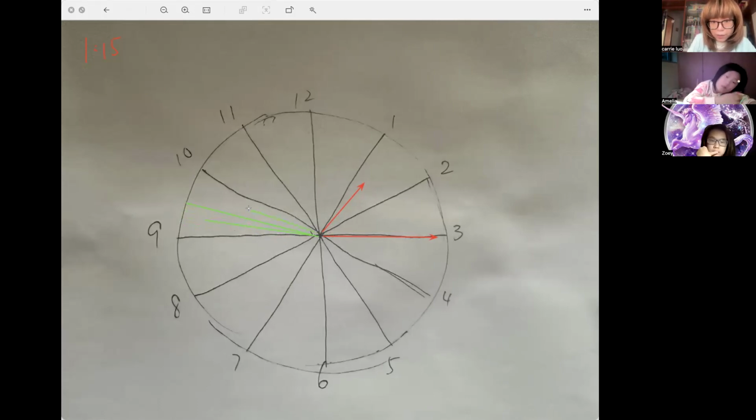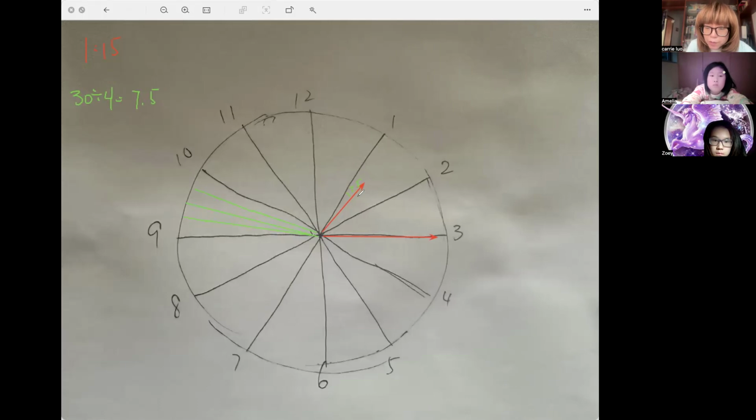Correct, Zoe? Okay, so if this whole entire degree is 30 degrees, and Amelia, let me ask you, 30 divided by 4 equals what? 7.5. Very good. So this one is 7.5, right? Because it's 1:15.